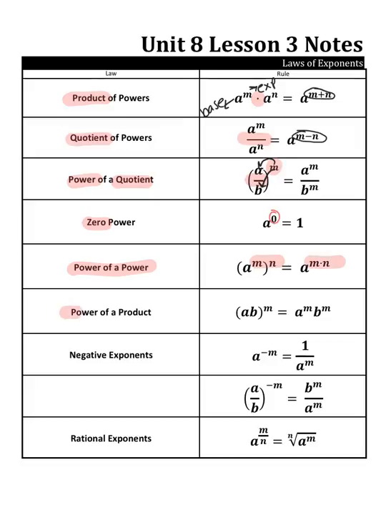We've got power of a product. That means I'm multiplying 2 things together, and that exponent can be distributed to both of the terms being multiplied in the parentheses. We've got negative exponents. That means the exponent on your base is a negative number. What we do here is flip them.